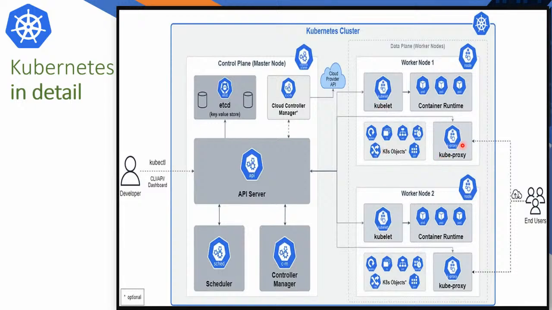So it can immediately discover whichever container has gone down or whichever pod has gone down. So it will propagate that news to the API server. API server will store that state in the etcd.